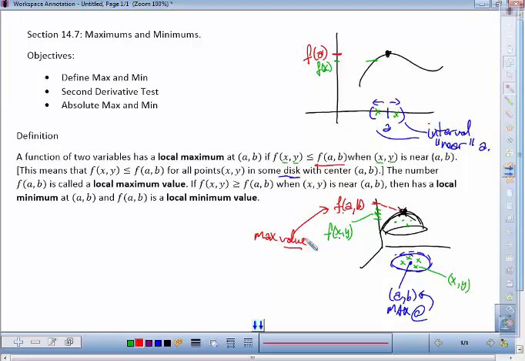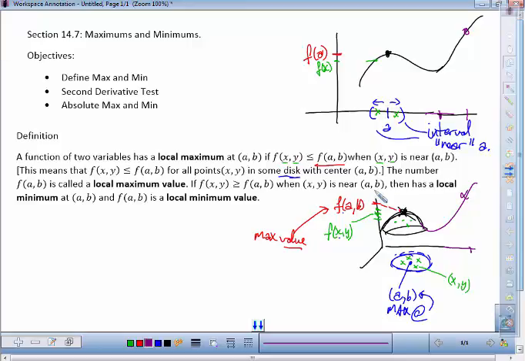That's because if you go far enough away, there are some functions where maybe this function goes up and eventually gets higher. So if you go far enough away, there might be something that's bigger than that. And the same thing happens here. If your function happens to go up, and then if you go far enough away, it could give you a value that's bigger than what you had as a maximum.